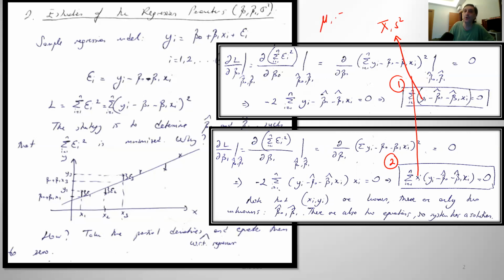They are not mu and sigma squared. The estimates, the ones with the hat, look like these, whereas the actual beta 0 and beta 1 are, for most cases, going to be unknown. They are never going to be known, as they are population parameters. The best that we can do is to estimate them using samples.